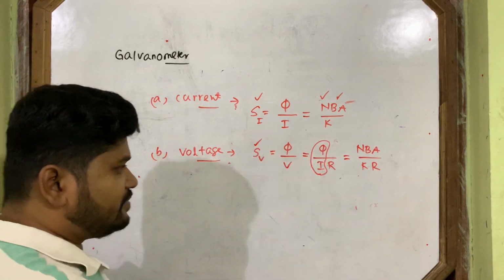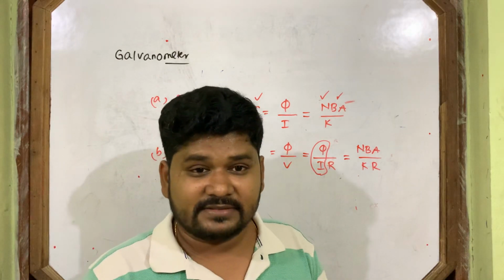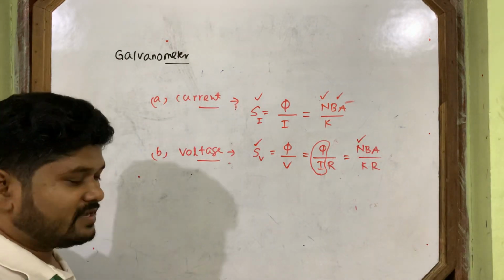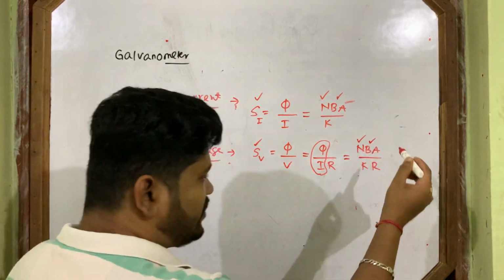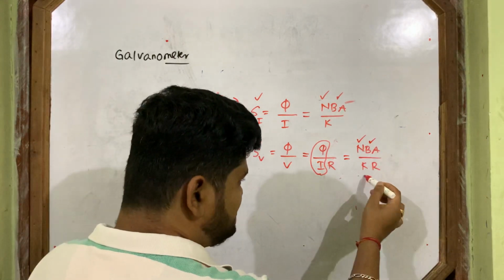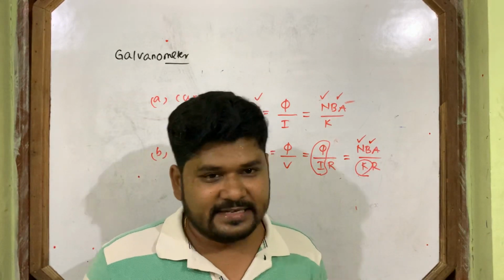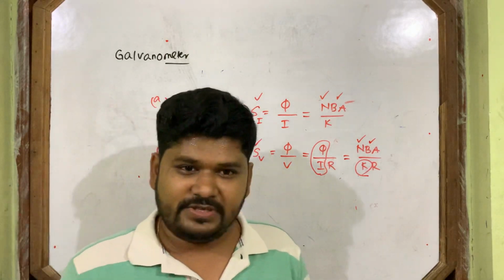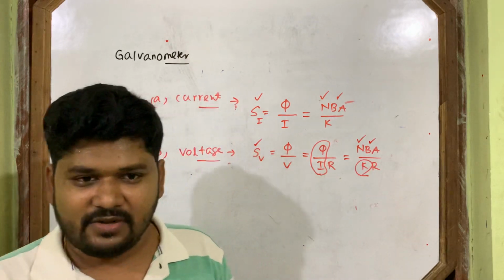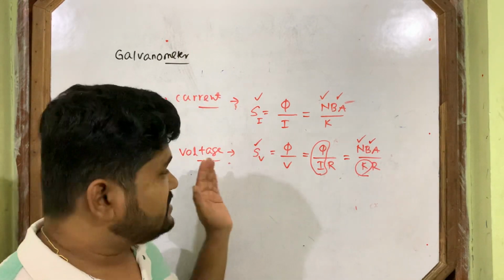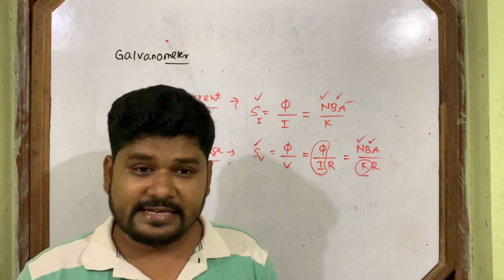So how will the voltage sensitivity increase? By increasing number of turns, by increasing magnetic field strength, area we will not discuss, by decreasing K, and by decreasing resistance. Resistance we decrease, we are taking a copper coil, no problem. Is it okay? Everybody understand how the voltage sensitivity will increase?